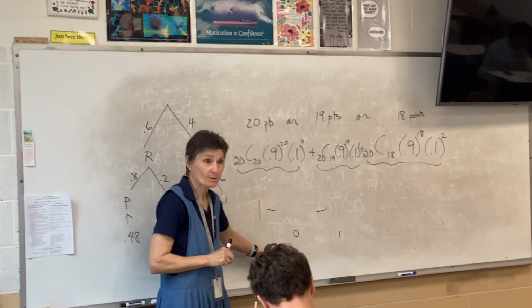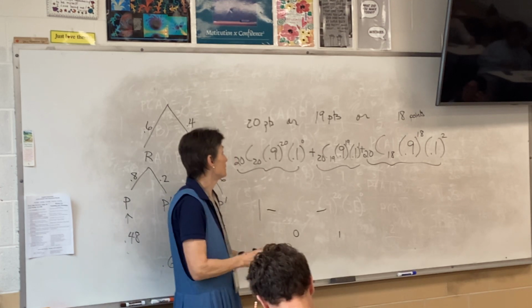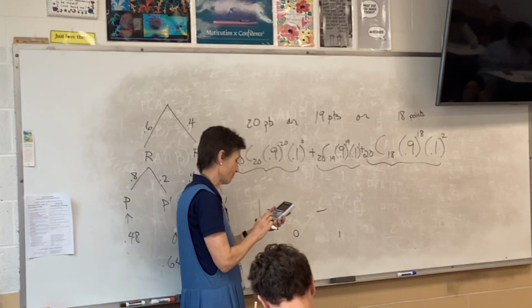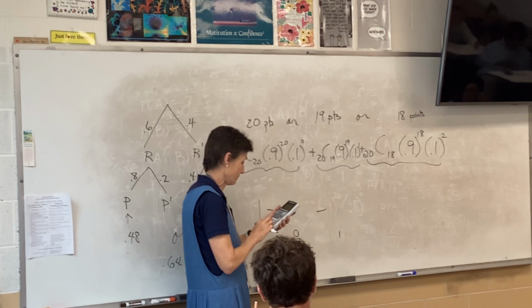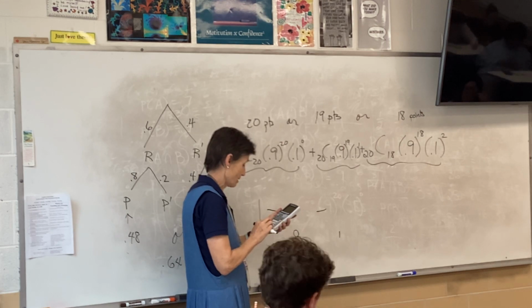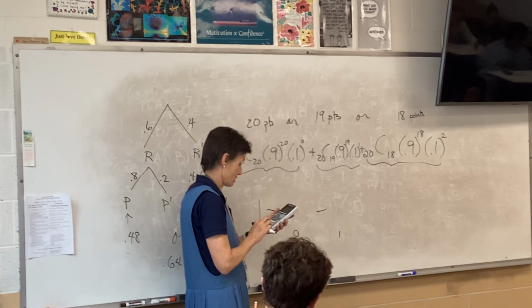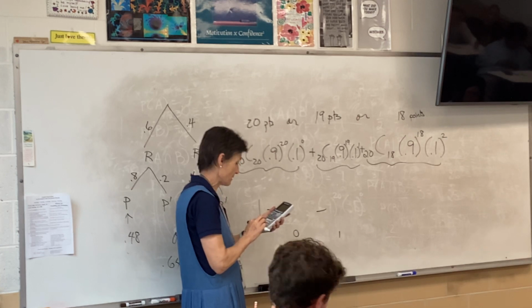Okay, did you get an answer to this problem? Anybody, I don't care. I'd like to get an answer so we know we're all typing it in right. 0.68? I don't know, I'm typing it in right now.